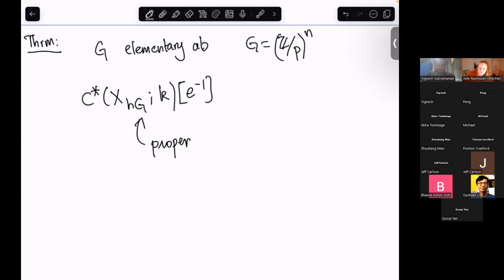Sorry, what is the question? It's not perfect over the sphere spectrum. It is perfect with the definition that I gave above, that Q0 on it acts by isomorphism. That is the definition of perfect for me in this talk.